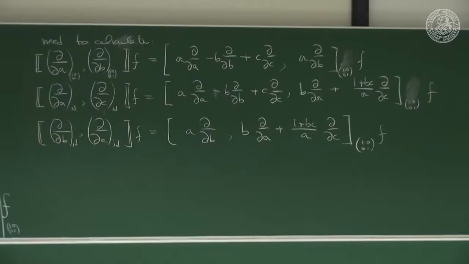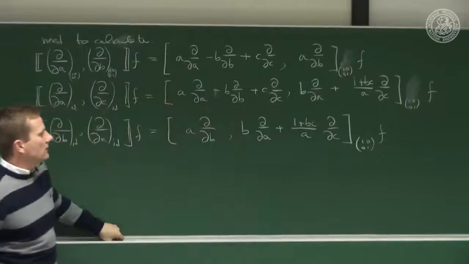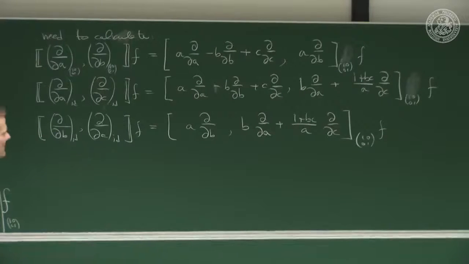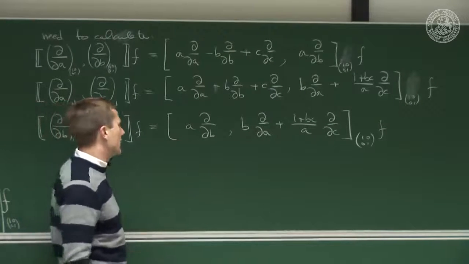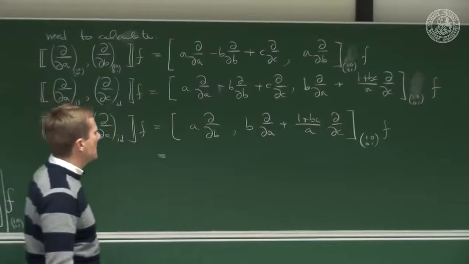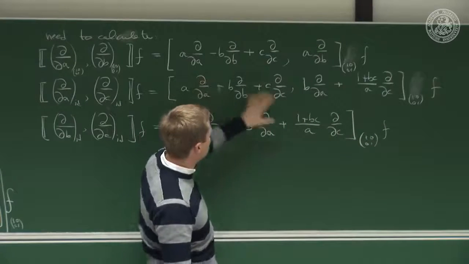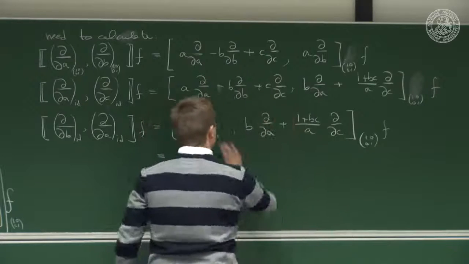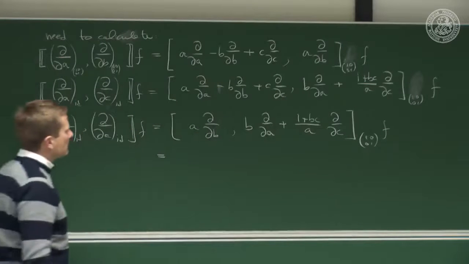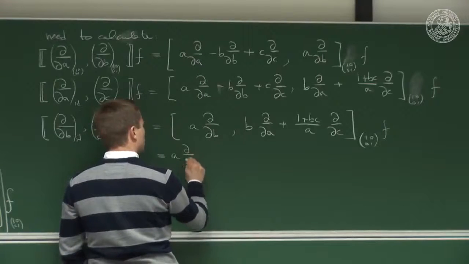Now, okay, let's start with the third bracket because it's the simplest one, and we'll learn a lesson there, which in principle we already know, but it's good to see this in practice. Let's evaluate this bracket. So this bracket, of course, is evaluated as follows. I let this field act on F, and then I let this vector field act on the result, minus the other way around. First this acts on F, and then this vector field acts on the result. So let's write this down once in full to not get confused.